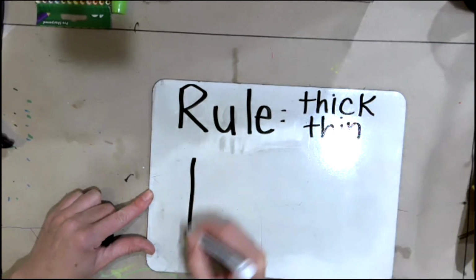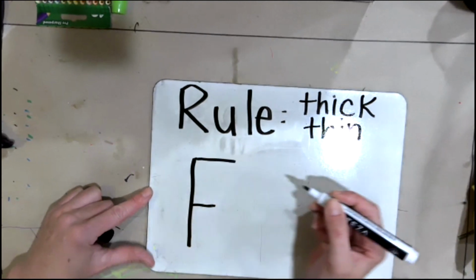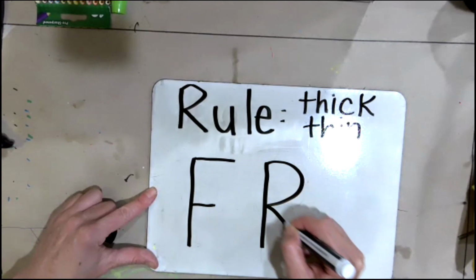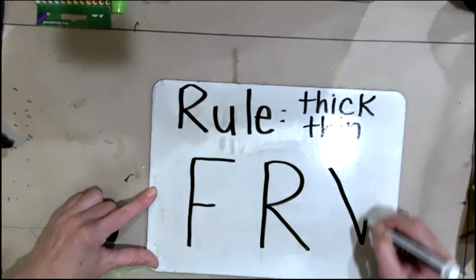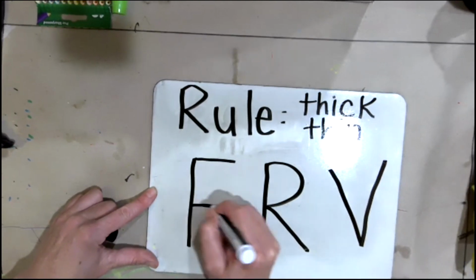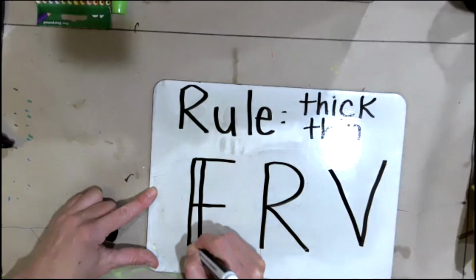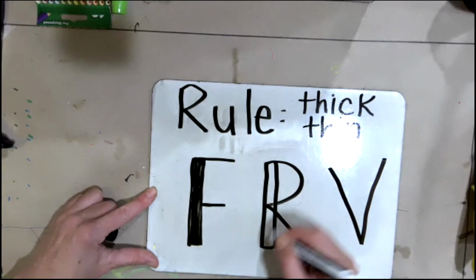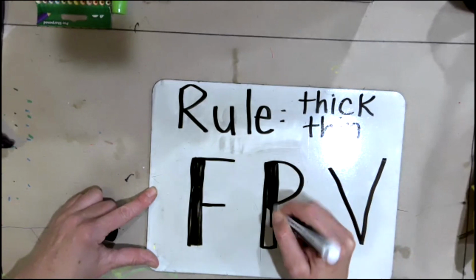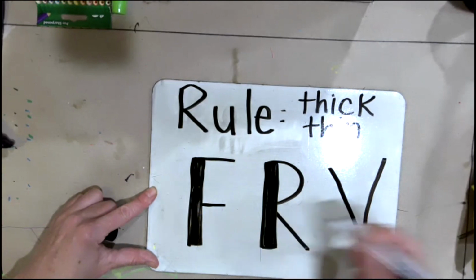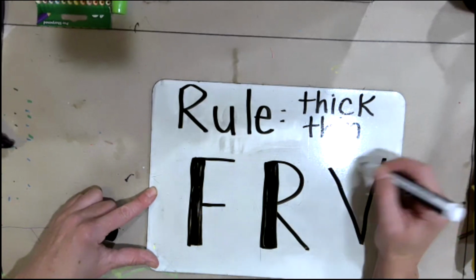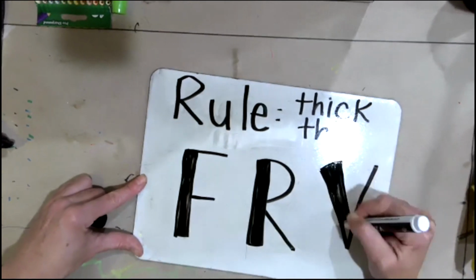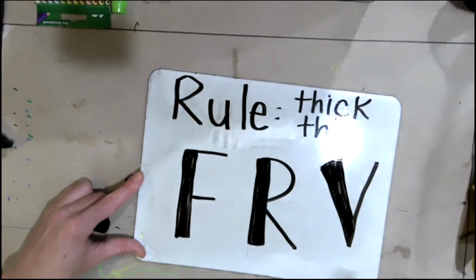So the letter F. First I draw my letter, then I choose the straight side to make thicker by tracing that line and coloring it in. If it's exactly the same, choose one side to make thicker, leaving the opposite side thin.